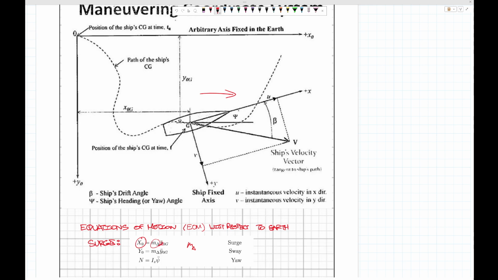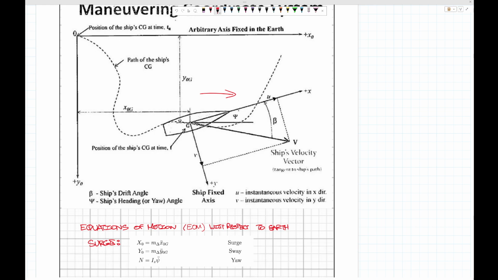The x here, we'll change the notation later, is position, a single dot denotes velocity, and a double dot denotes acceleration. And that is OG, meaning with respect to Earth. So this is basically the force in the forwards direction.